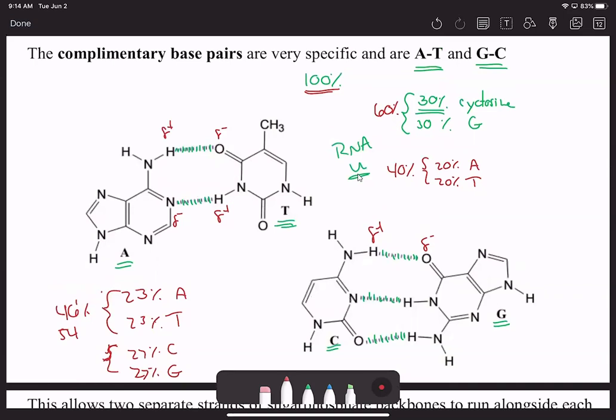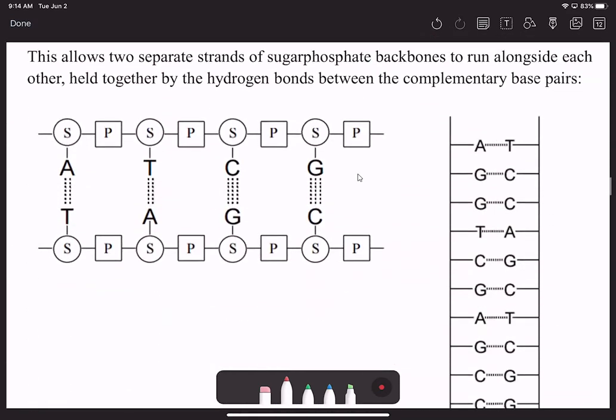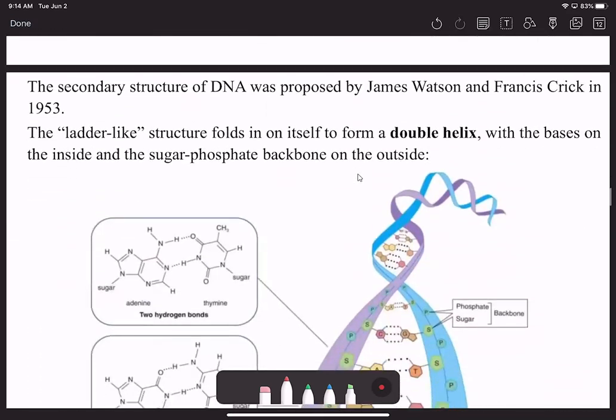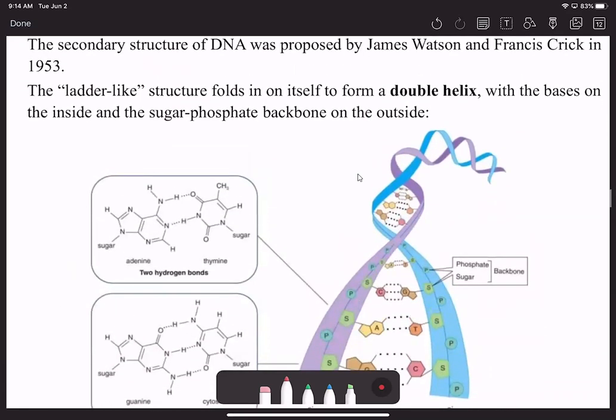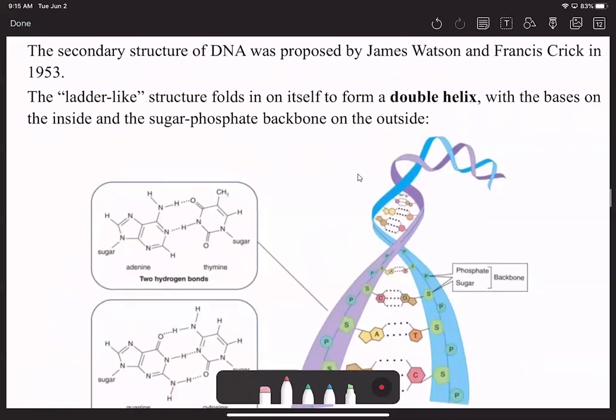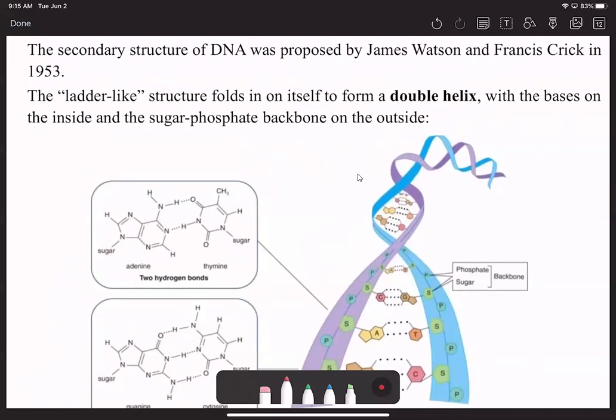So what happens here is all this hydrogen bonding that occurs, we don't create just one alpha helix, we end up creating 2 alpha helixes, and this is what we're going to consider a double helix, because we see that there's 2 alpha helixes here.